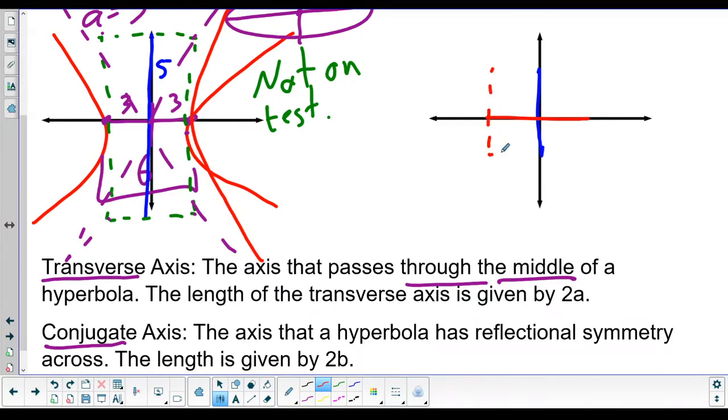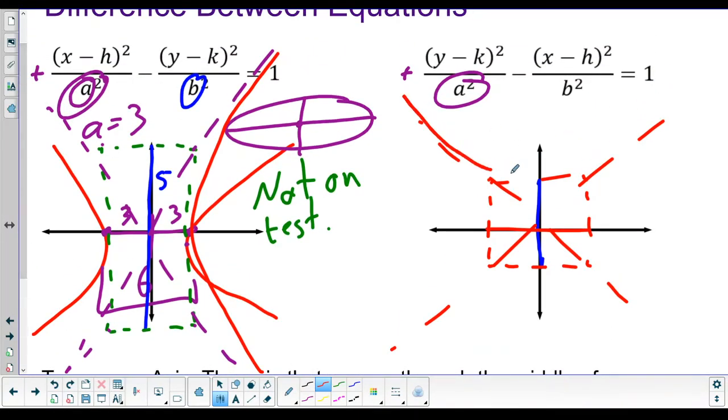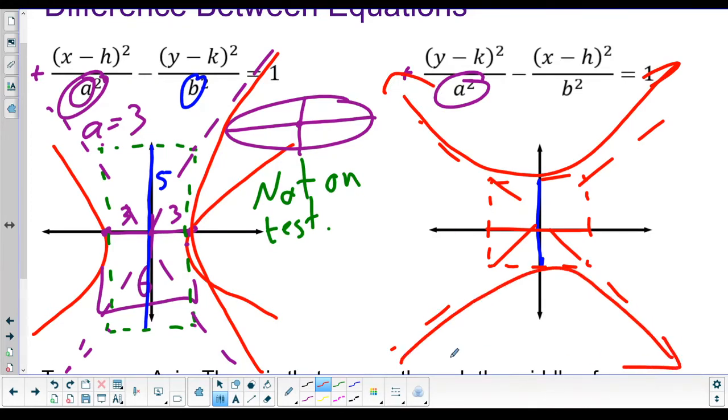It would form a rectangle like this, make some asymptotes, and then our hyperbola would look like that. So a and b are just determining the size of this rectangle, and that places the asymptotes so we know where the hyperbola is kind of trapped in.